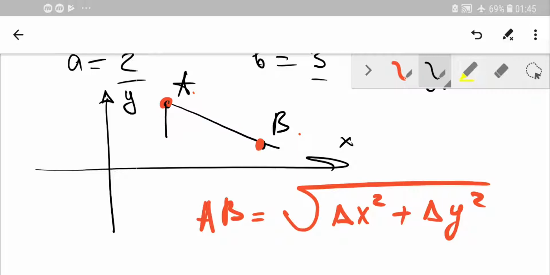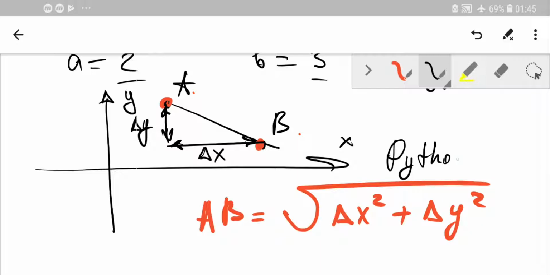I can mark on this figure that this is delta x, and this is delta y. Now you just apply Pythagoras.